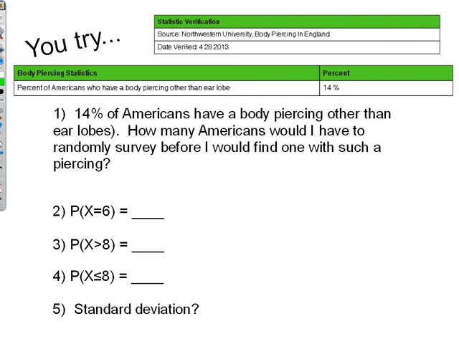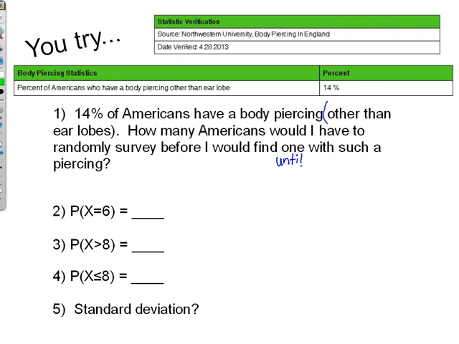Hopefully you've done it. 14% of Americans have a body piercing other than earlobes. Interesting. How many Americans would I have to randomly survey before I would find one with such a piercing? This is a geometric distribution, because it's implied that it's saying until I find one.